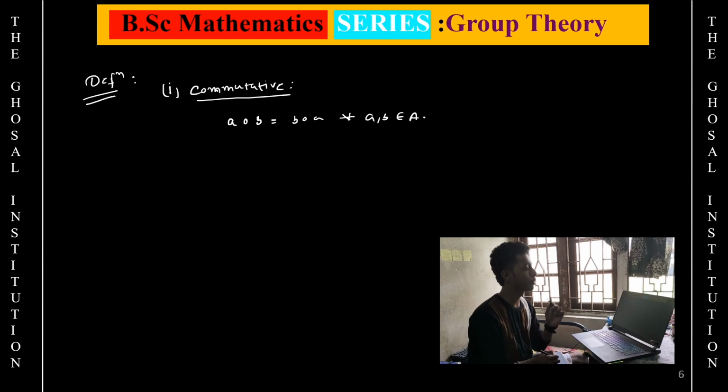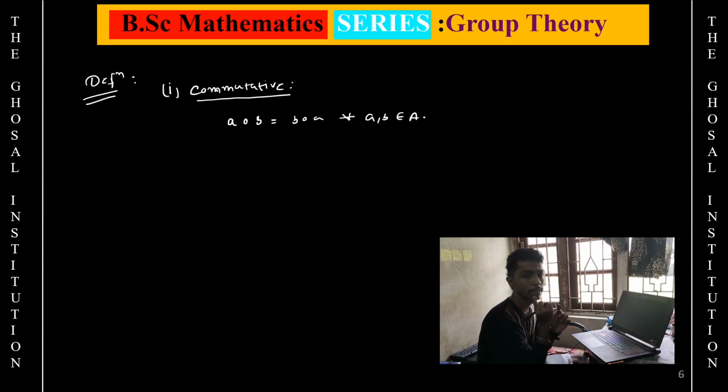So the first one is commutativity. What is commutative in binary compositions? If A compose B and B compose A are equal for all A, B within the set A, then we say this binary composition is commutative.